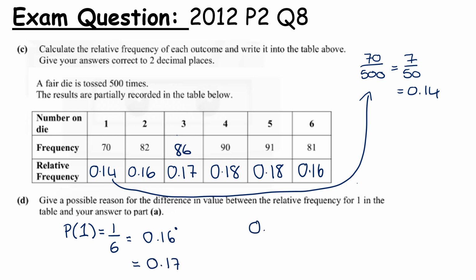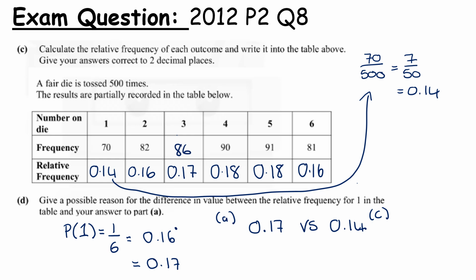So we have 0.17 from part A, versus 0.14 from part C. So one reason for the difference in value is possibly this die is not fair. Each outcome is not equally likely. But equally, it may be a fair die and we just haven't got those answers.